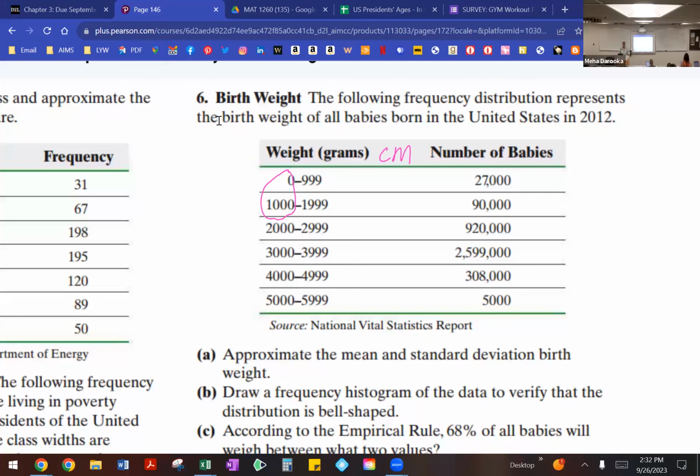So while you guys are calculating those midpoints, I'm going to actually transfer this data to a spreadsheet so that way we can use technology.